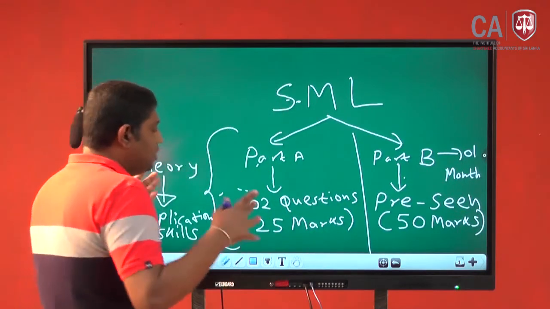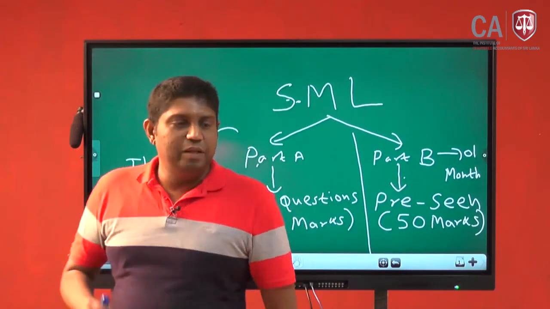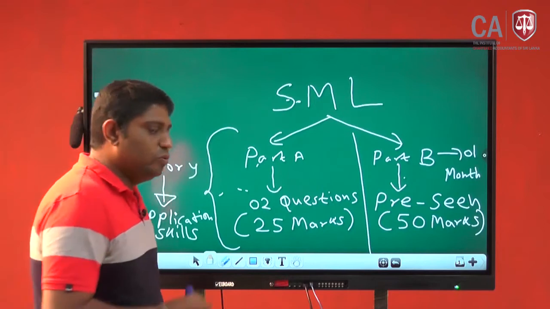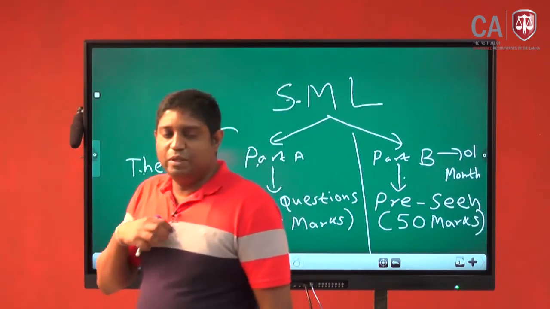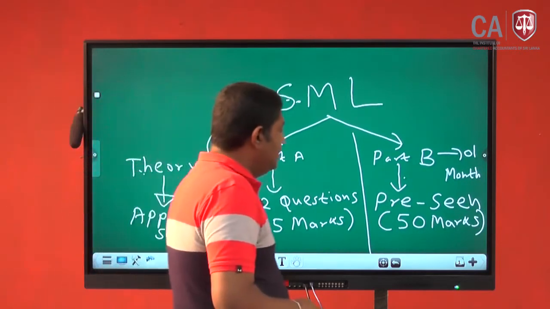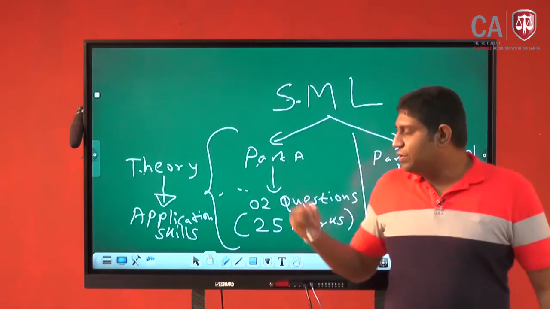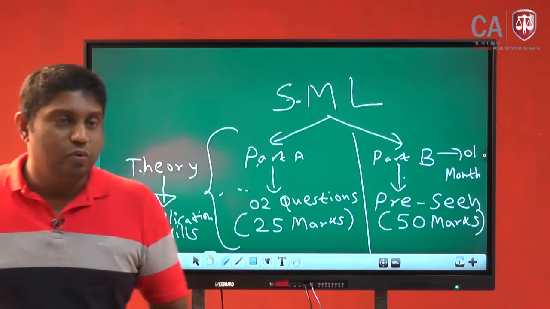So you have to work on this for at least 6 months. The minimum time period I recommend is a 6-month period at least, and it should be a very strong program. I do not want to talk much on this since I need more time to discuss the paper.